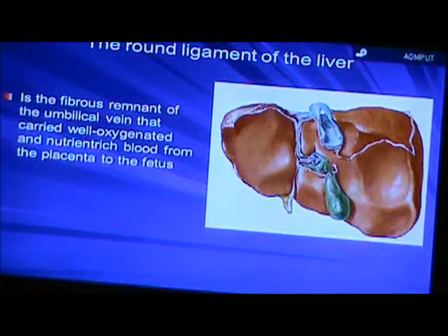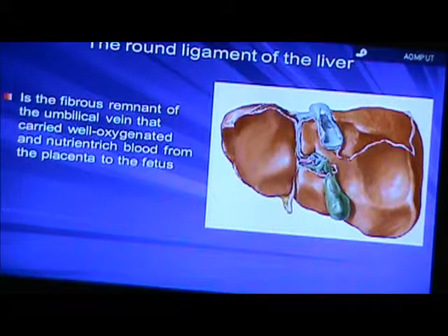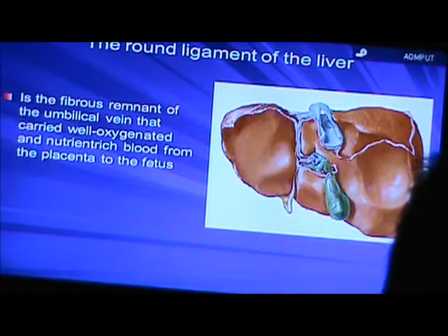The round ligament of the liver is a fibrous remnant of the umbilical vein. You remember, I'm sure, that in the fetus the umbilical vein passes from the placenta to the fetus.